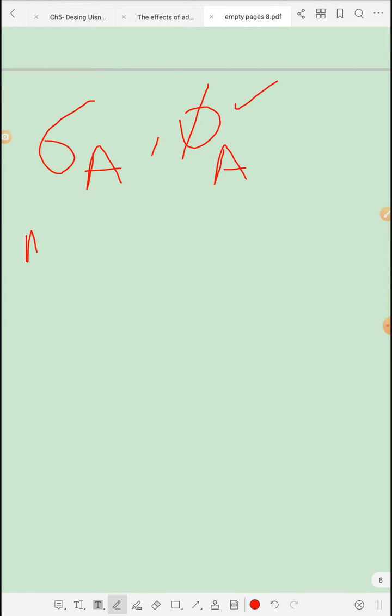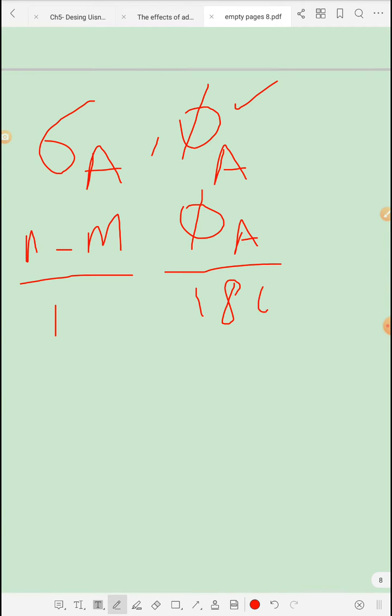Number one is their intersection with the real axis in the s-plane, sigma a, and the other one was their angles, phi a. And if we focus on this phi a, when n minus m was 1, the possible phi a was 180 degrees, if you remember.